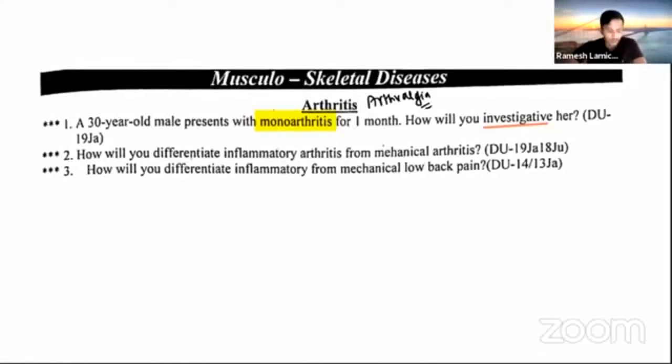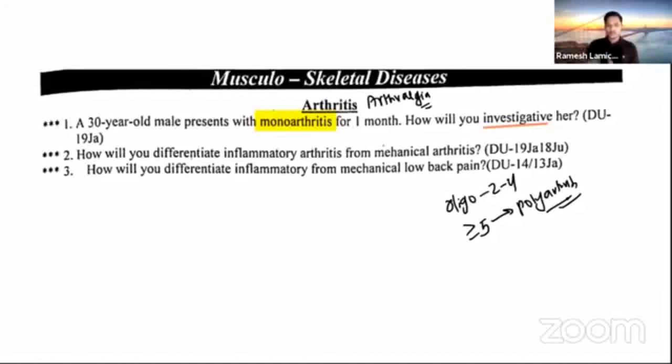If you have involvement of five or more joint groups, then it is called what? Polyarthritis. So these are the types.